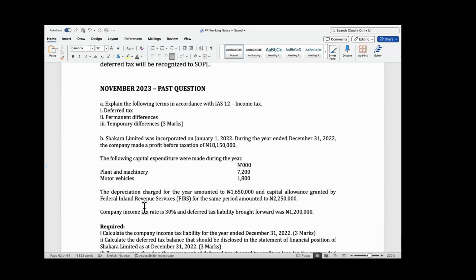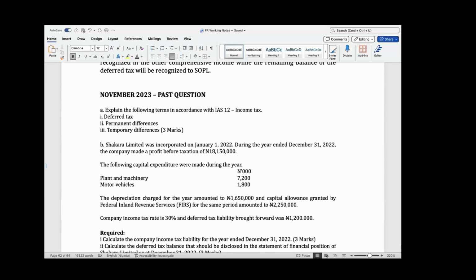Now, I'm not going to solve this. This is almost the same thing I've been doing so far. So go and look through this. They ask you to define deferred tax. I've mentioned permanent difference is the difference between the carrying amount and tax base on items that are not tax deductible, on items that have no tax consequence.